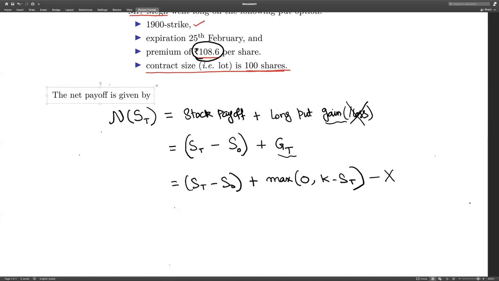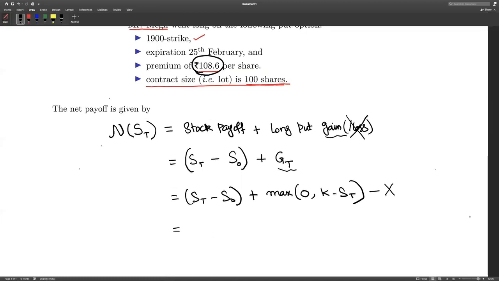108.6. So here you can see that the net payoff is a function of the spot market price of the stock at the expiration, whereas all other parameters are given already in our problem. So remember, S naught is 1950 given, plus max of 0 comma, strike price 1900 minus ST, minus 108.6.